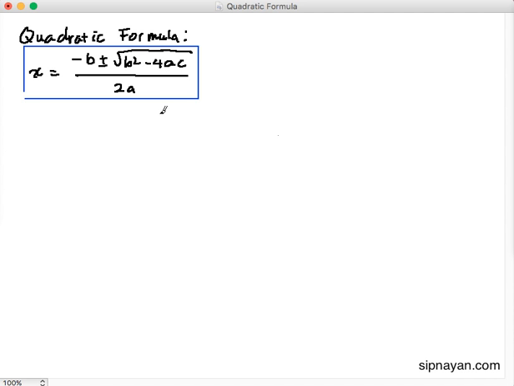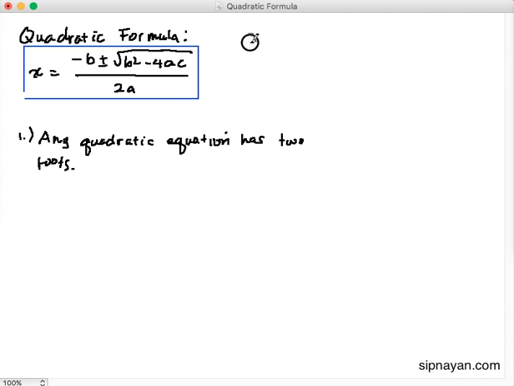So, unang-una, number one, we have any quadratic equation has two roots. At kitang-kita natin yan dito sa formula. We have two roots.